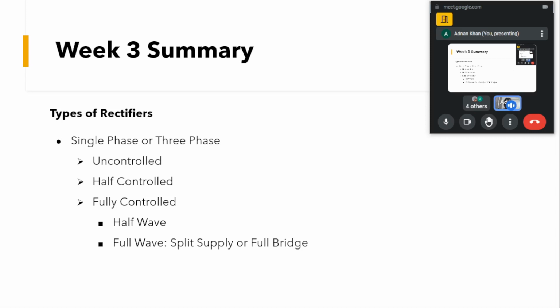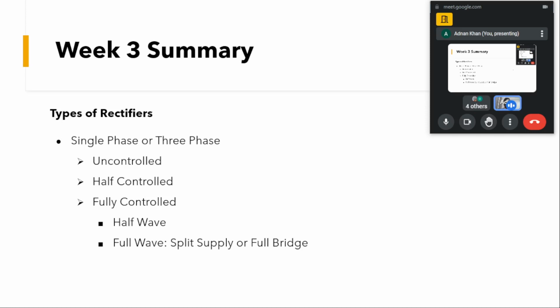So in rectifiers we'll see single phase and three phase rectifiers and their types: uncontrolled ones, half controlled or partially controlled, and then fully controlled rectifiers.